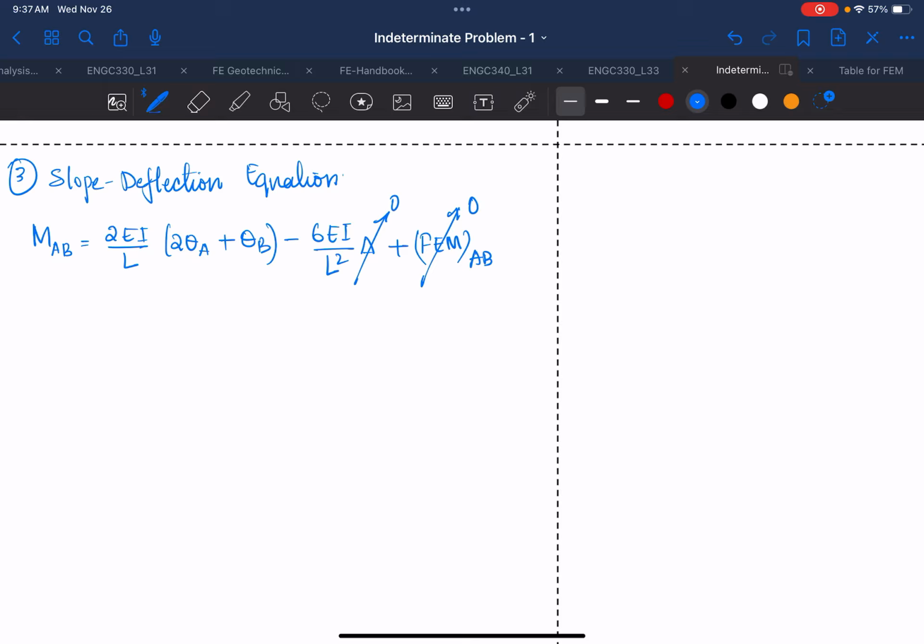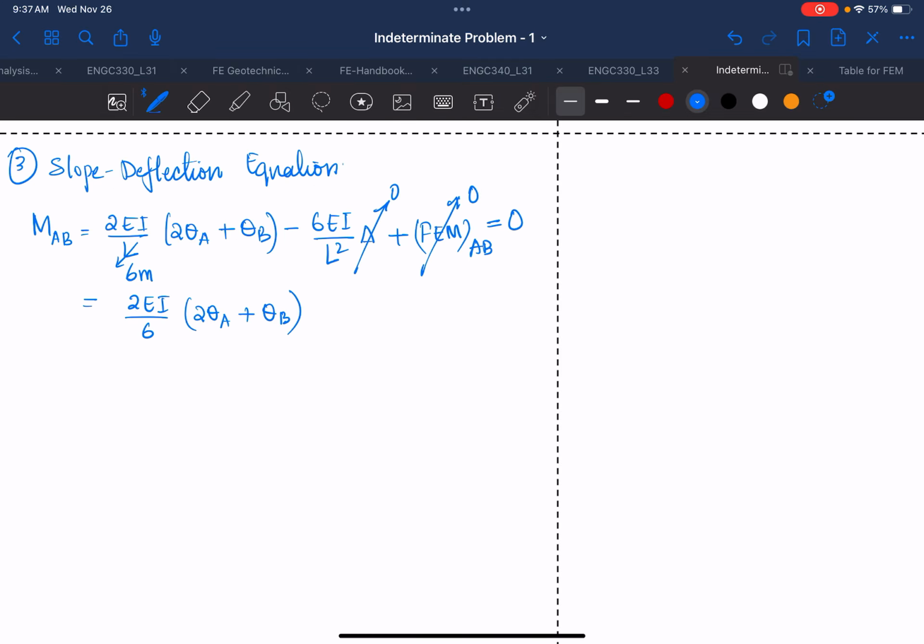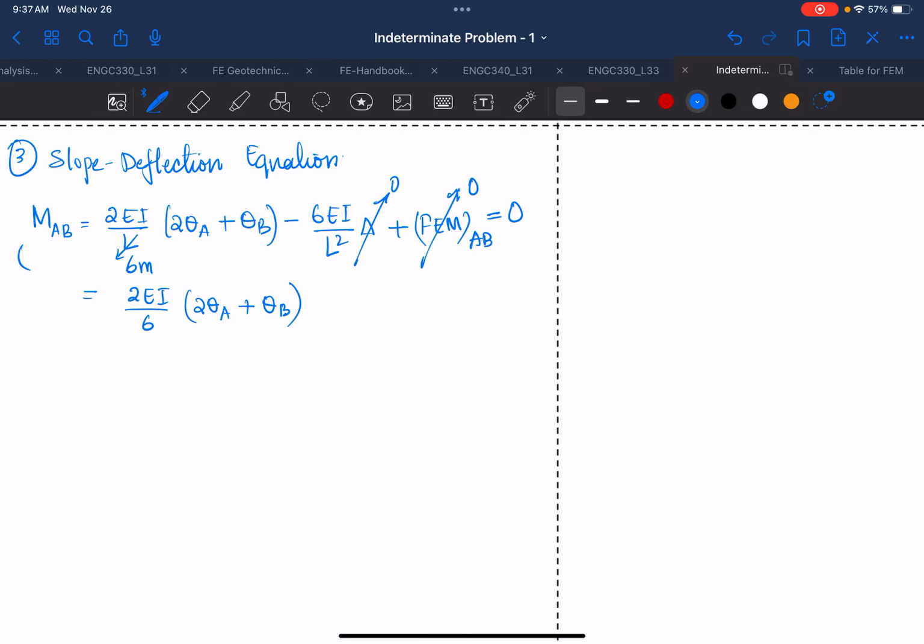So your L will be 6 meter, so it will be 2EI over 6 times (2 theta A plus theta B). And we know that the actual moment at A, the total moment at AB, is going to be 0, because this is a pin.